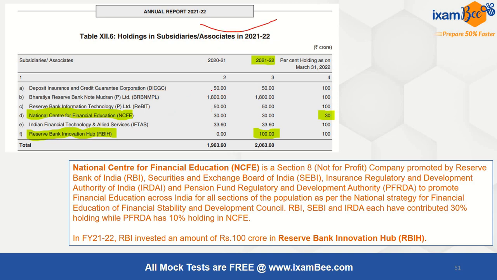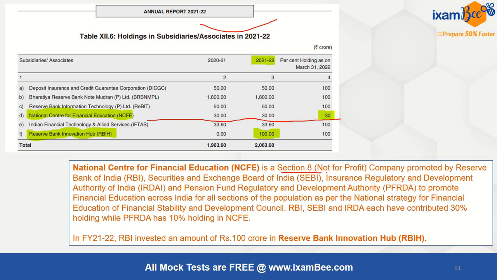Only the important things you have to see in the annual report; you are not supposed to read the entire report. That will be too much of an investment of your time. So here you can see National Centre for Financial Education percentage holding is 30% for RBI, and for the rest it is 100%.